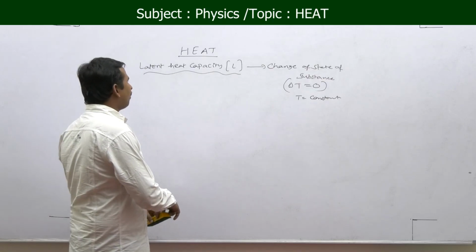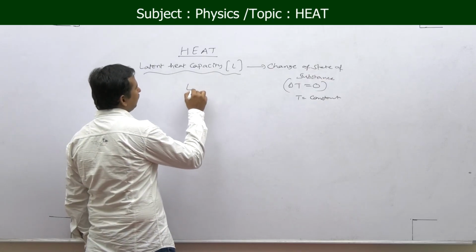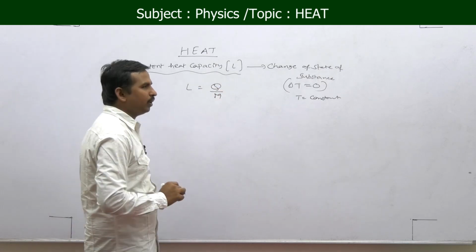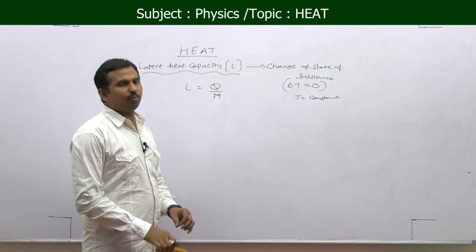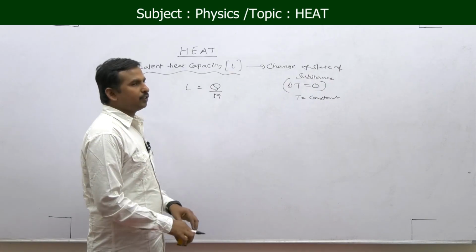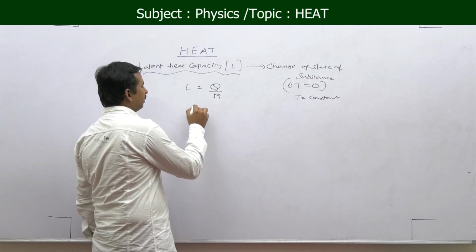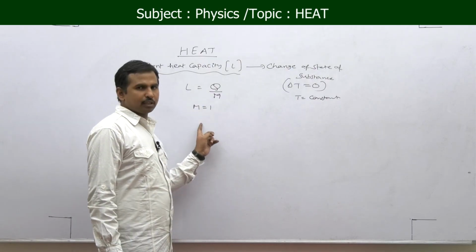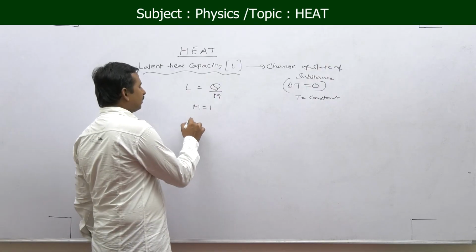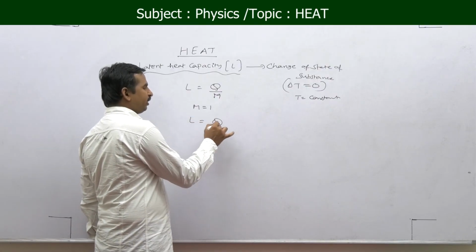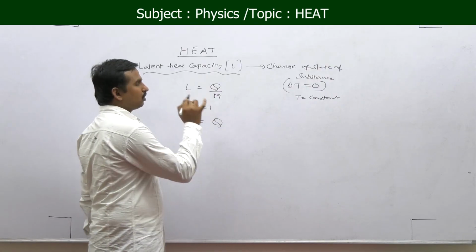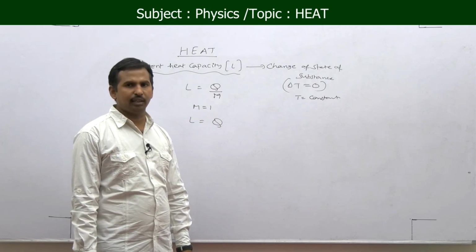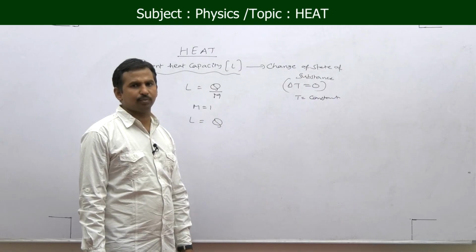The formula for this latent heat is L equal to Q by M. L equal to Q by M means that if you take mass as unit, M equal to 1, then for a unit mass of a substance, the amount of heat energy required, Q, is nothing but the latent heat capacity, to change its state.